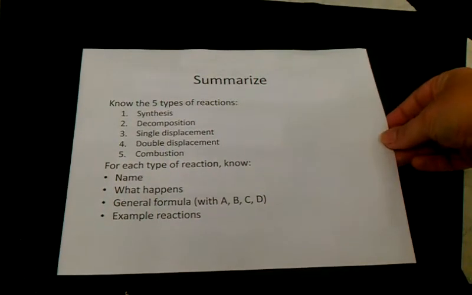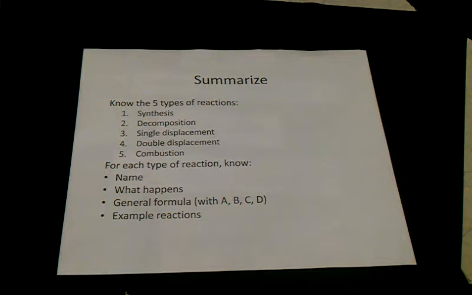All right, so in summary, here's what you should have in your notes. You should know the five types of reactions. We've got synthesis and decomposition, which are basically just opposites of each other. You've got single and double replacement, sometimes called displacement reactions. You'll hear both of those terms.